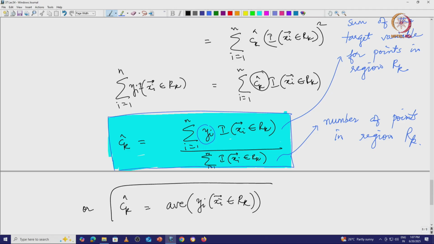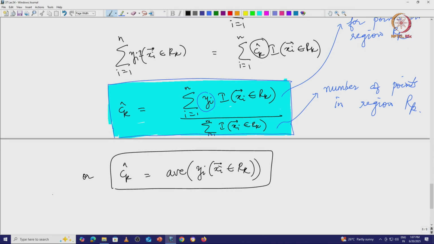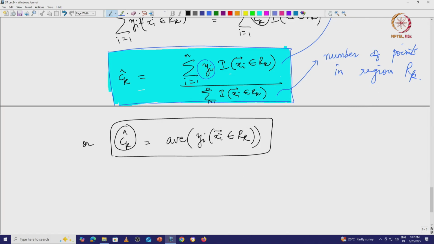So that is what the decision tree wants you to predict, for every region simply the average value of the target variable for the points in that region. So this is a very beautiful result in my opinion and forms the basis of a regression based decision tree, regression CART.